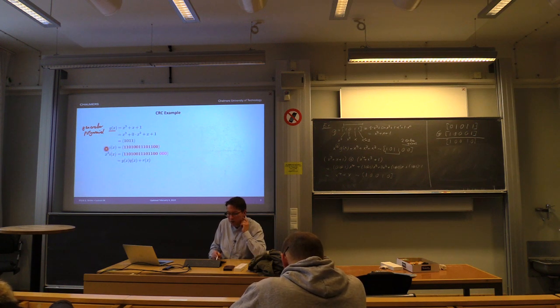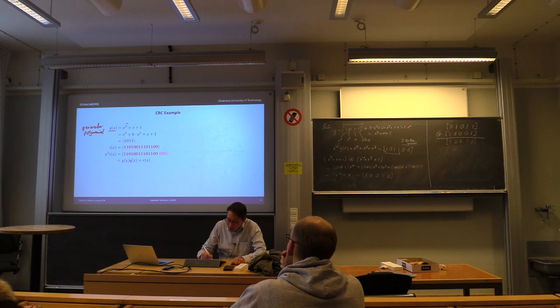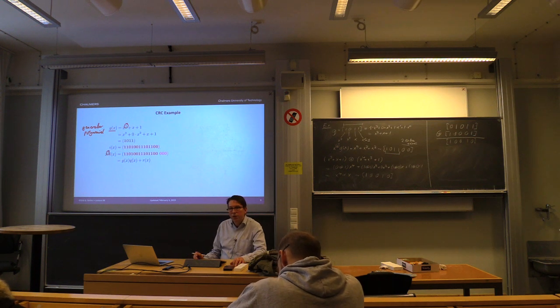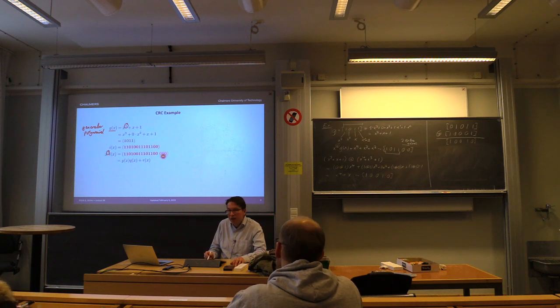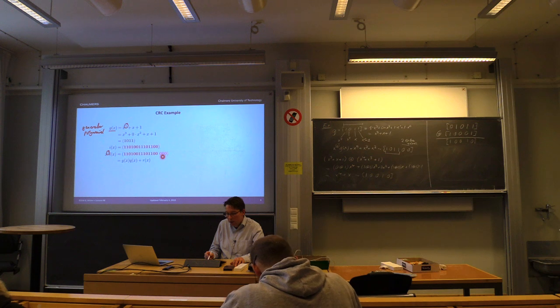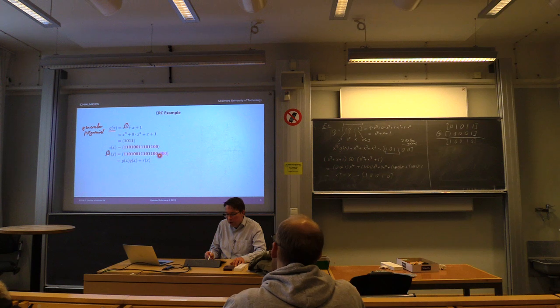The information bits are the input to our encoder, and these are the bits. I don't write it out as a polynomial. But the first thing we should do, since we have a degree 3 polynomial here, is multiply the information bits with x to the power of 3, because this leaves 3 zeros at the end of the bits, and this is where we will eventually put in the remainder bits.